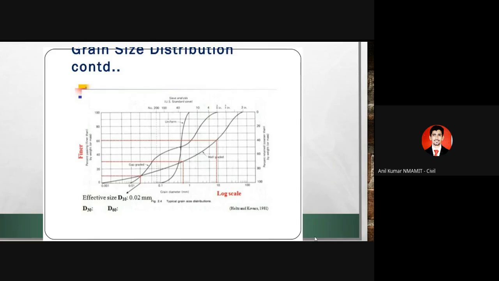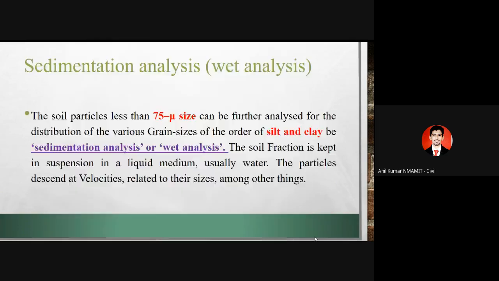Gap graded means a particular set of sizes of the soil sample is missing. It may have 2 to 4 mm, 4 to 6 is missing, from 6 to 10 it is there, right? In between, some part is missing in that particular soil sample. Such a soil sample we call gap graded soil sample. Okay, so this is how you are supposed to go with the grain size distribution.